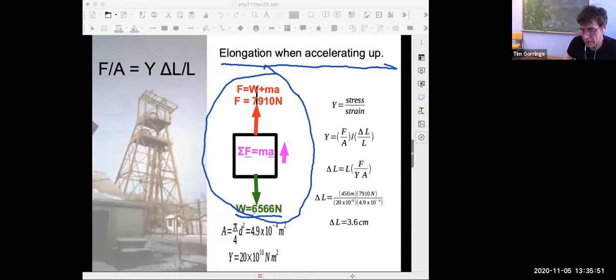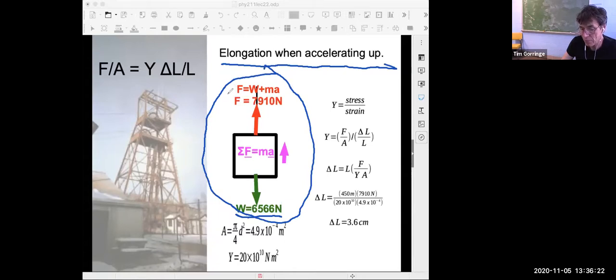So of course there's still the force of gravity downwards. So that's the 6,566 newtons we worked out earlier on. But now the net force is no longer zero, and the tension force is no longer equal to the weight. Rather, the net force must be accelerating the elevator upwards, which means that there must be a greater tension upwards than the weight downwards.